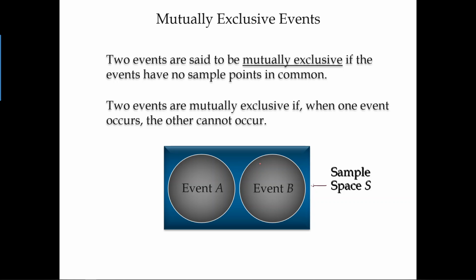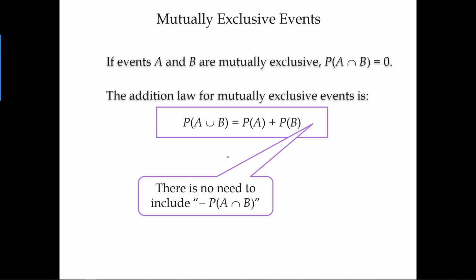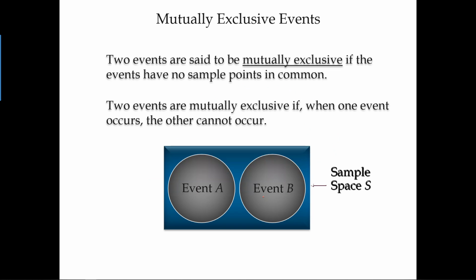So why are we introducing this mutually exclusive event? Because if we can prove the two events are mutually exclusive, our addition law becomes a simplified addition. The reason is that originally we need to minus P of A intersection B, but as we just saw in the Venn diagram, if they are mutually exclusive, the intersection part becomes 0.